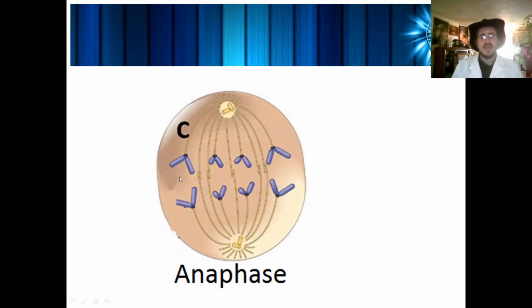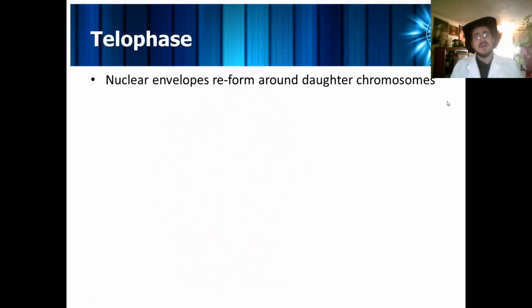So there it is. We can see a vague oval shape to this. Our sister chromatids here have split apart. Our centromeres have been cleaved, and so they're being yanked towards opposite poles. In telophase, the nuclear envelope reforms around the daughter chromosomes.